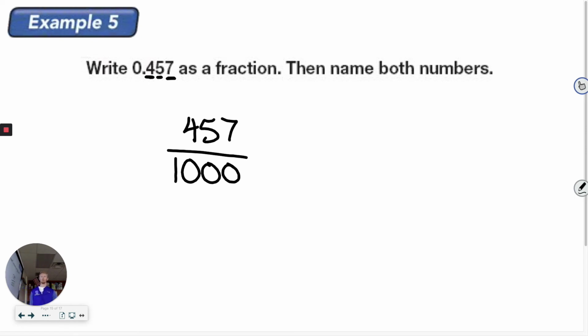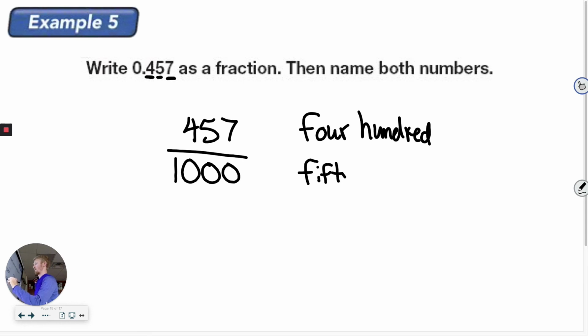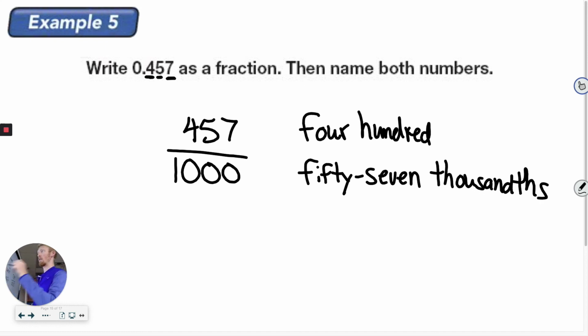And so this would be called 457 thousandths as I name this number. And that's the same name for this and for this, 457 thousandths.